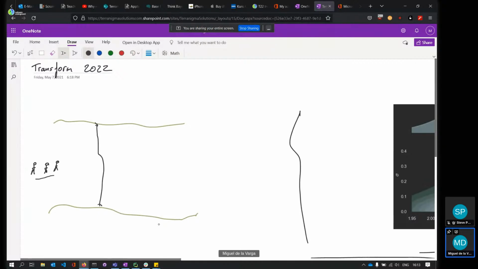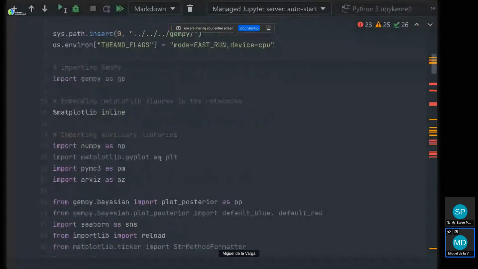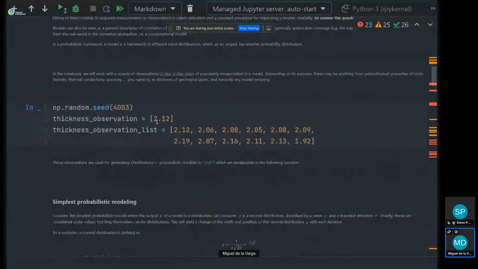As humans, we are doing this type of guess all the time. But obviously, we have more tools than that. We can just go there and measure. That's what any of us would do. But again, let's imagine in this example, I don't know exactly which number I wrote in the notebook. Yeah, 2 meters 12.